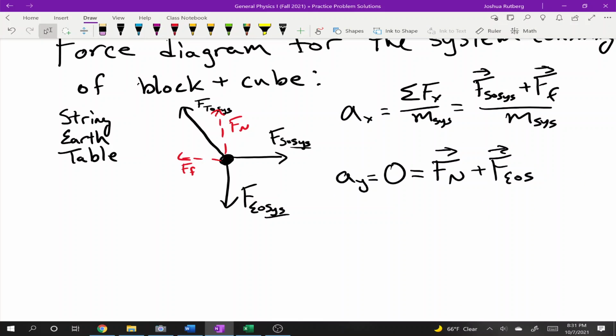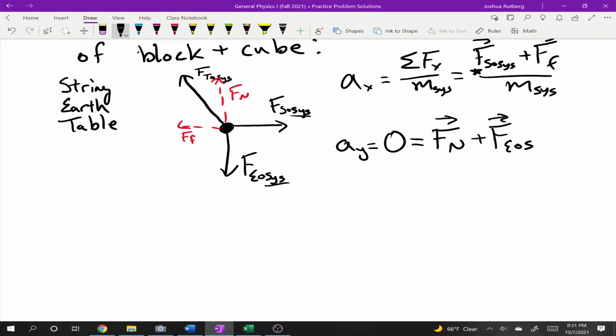Okay. So now, this is the force that I'm trying to find right here. So let's rearrange this Newton's second law. So the force the string exerts on the system plus the friction component is equal to the mass of my system times the acceleration in the x direction.